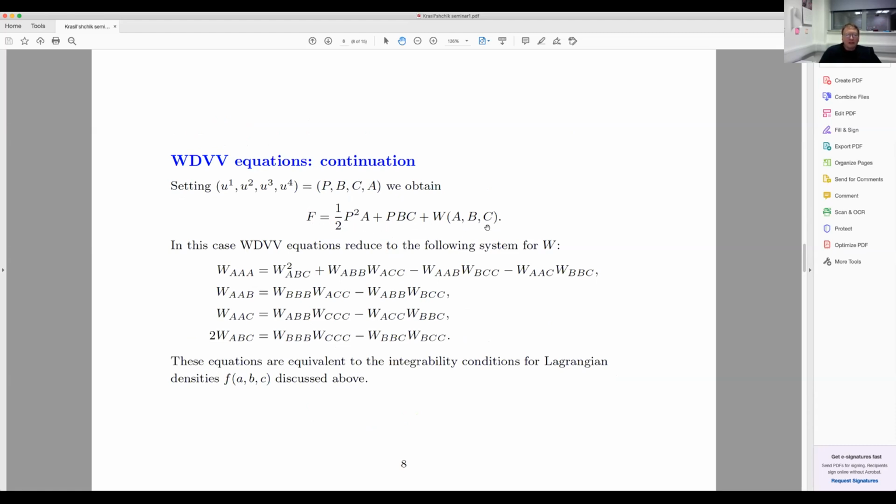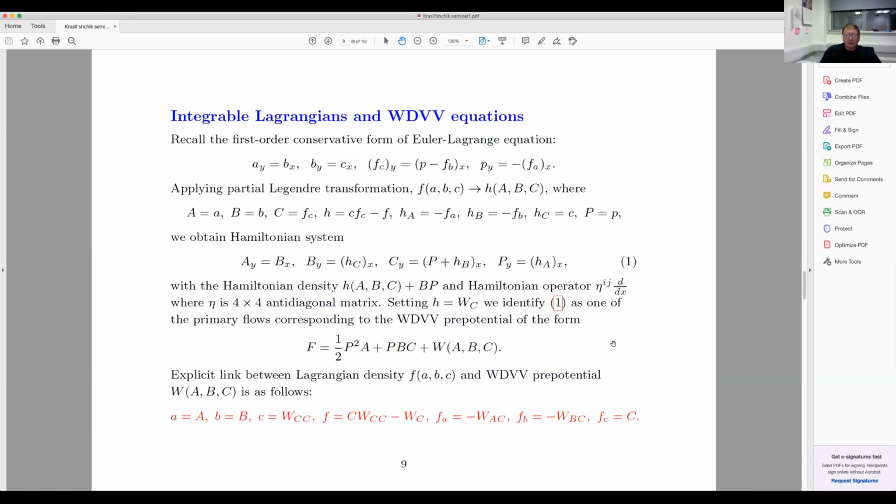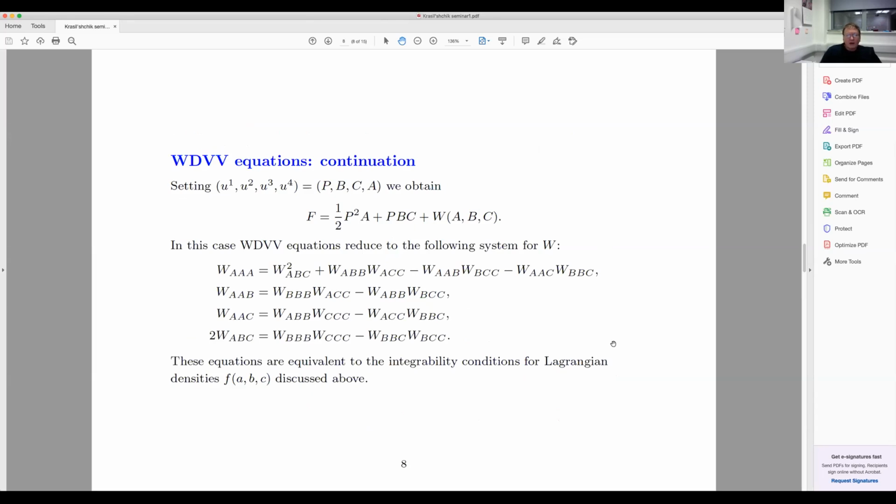And the associativity conditions, because A, B, C, and P were the variables for the Lagrangian density, so it's convenient to use this notation, are reduced to the system for W, which is shown here. This is a third order nonlinear PDE system for W, for the prepotential.